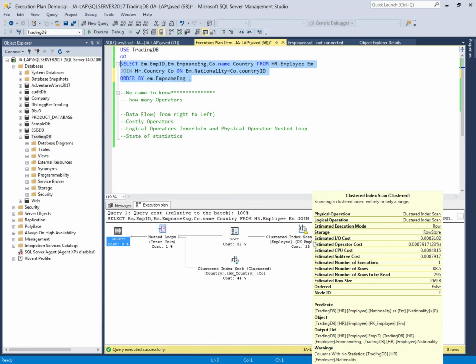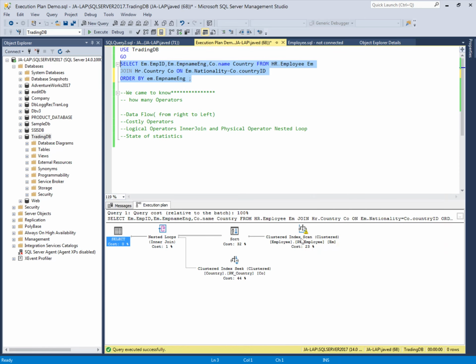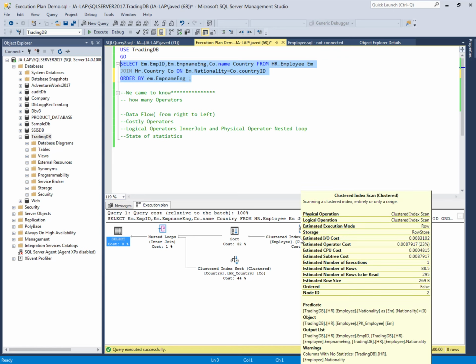The estimated operator cost is the input output cost plus the CPU cost. The estimated number of rows gives us how many rows will be retrieved by executing this operator.